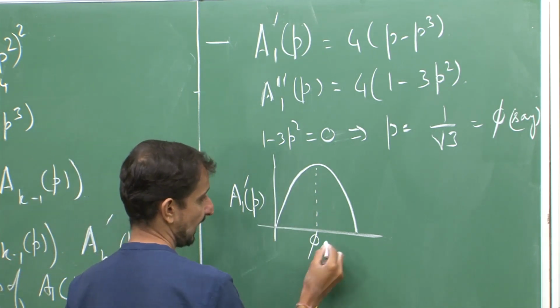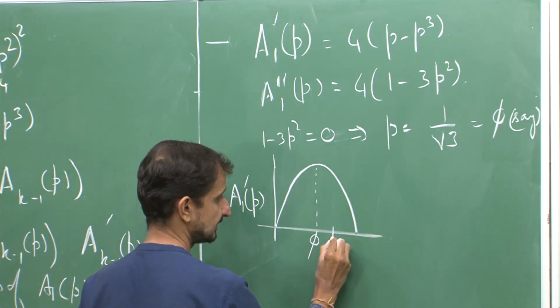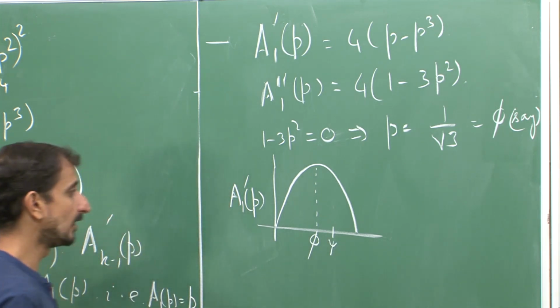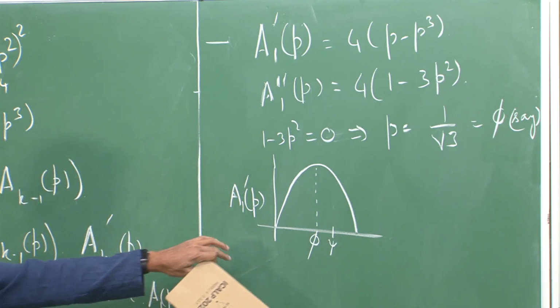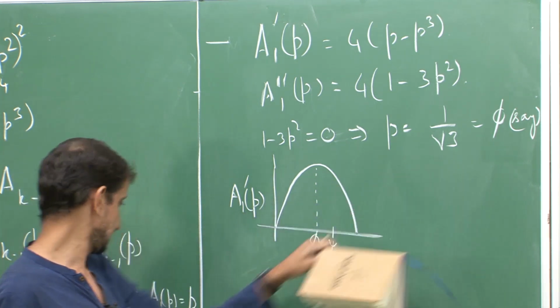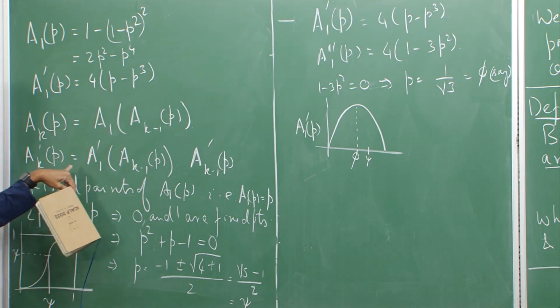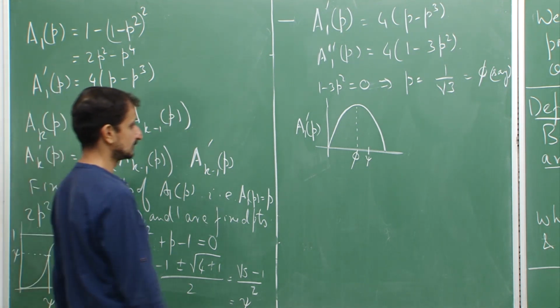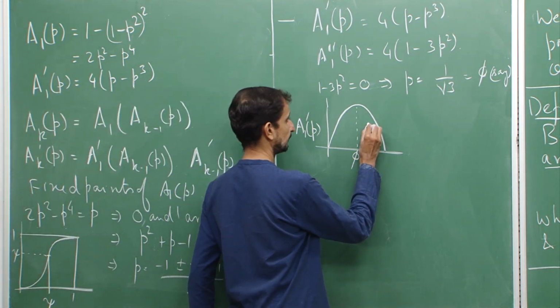Okay. And you can again check that psi is actually a quantity that is greater. So, if you just check, this I think turns out to be something like 0.58 or something, and psi is something like 0.62. Okay. So, it is slightly greater.